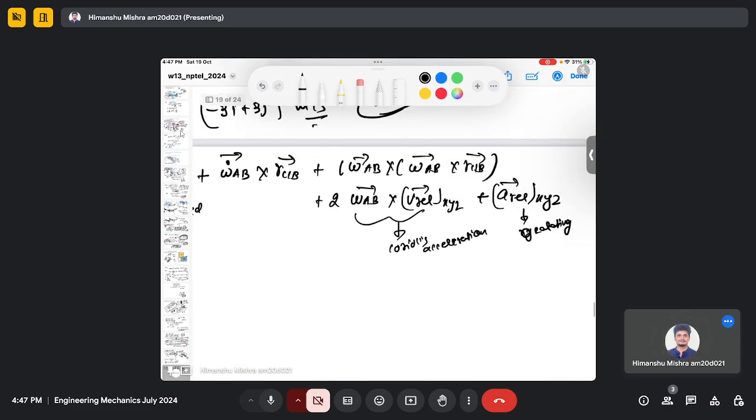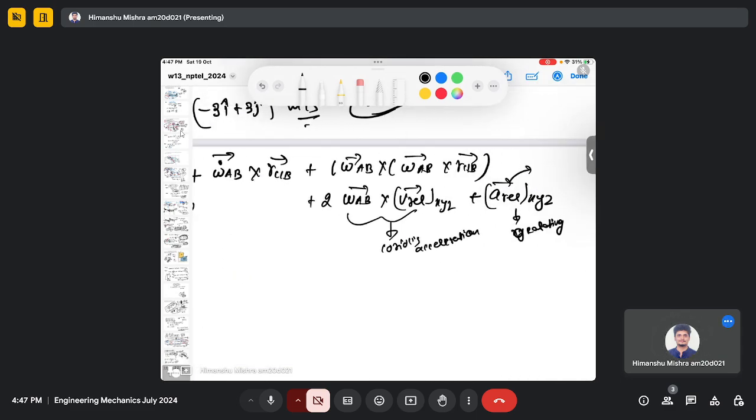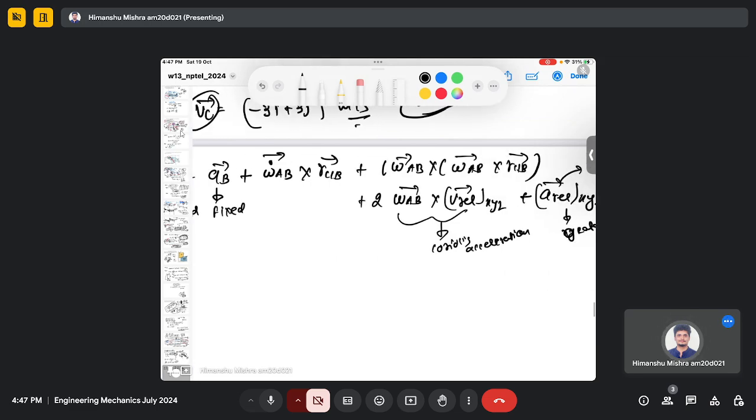It's 0.5 meter per second square. So first we need to figure out all the terms, because we just need to substitute all the terms in this equation to find the acceleration. So we have to make sure that we know about every term. So relative acceleration we have given in the question, which is 0.5 j.